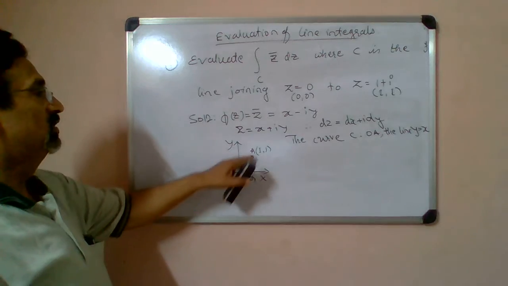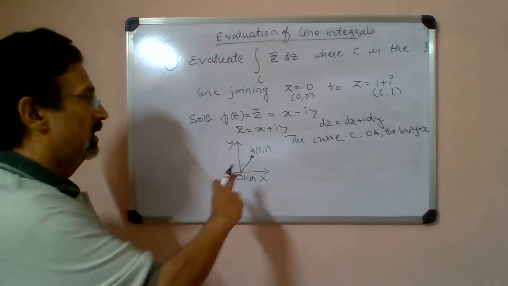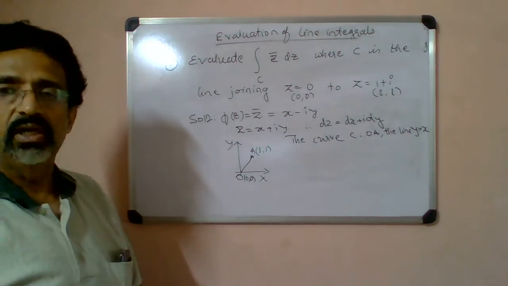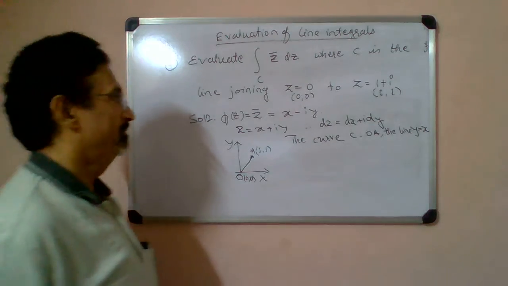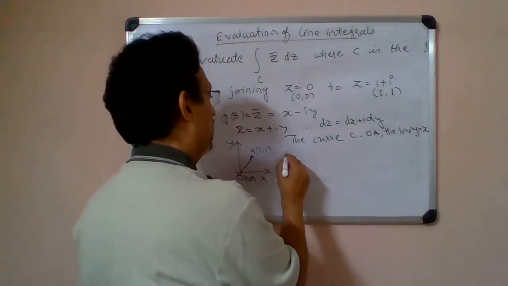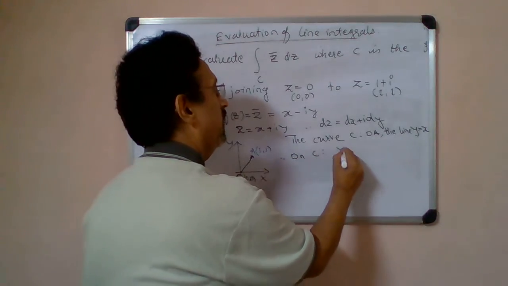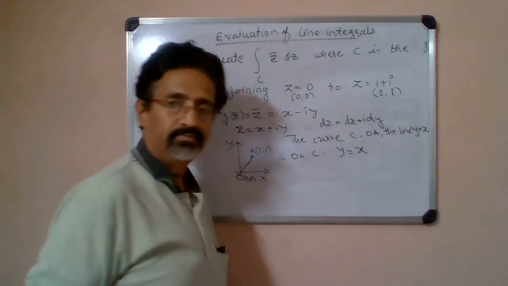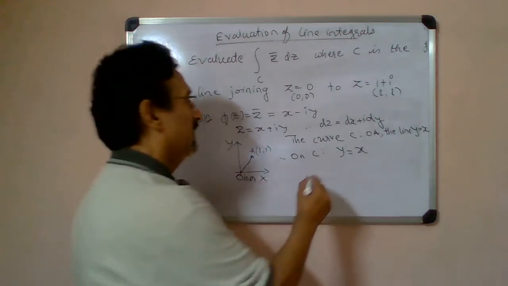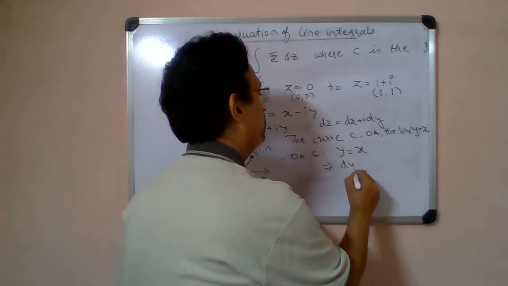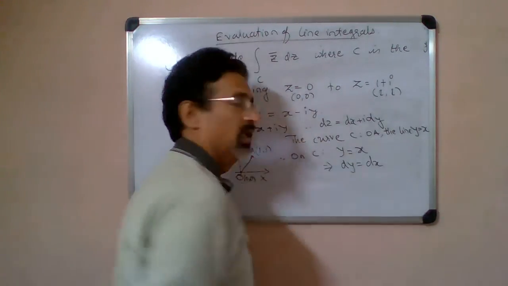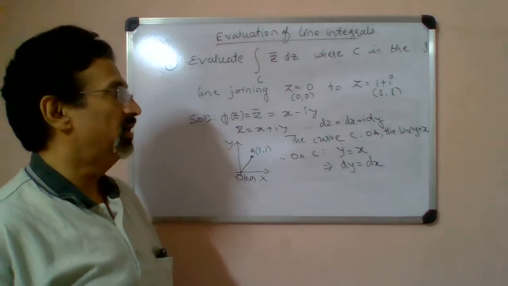So clearly 0, 0 and 1, 1 lie on the line OA. So on OA, therefore on C, y is x. This implies dy is dx.